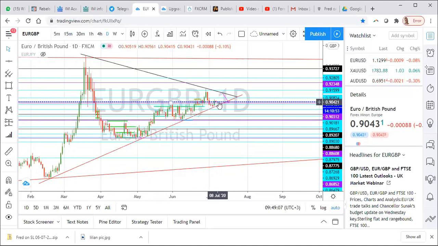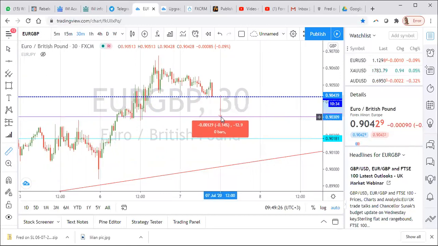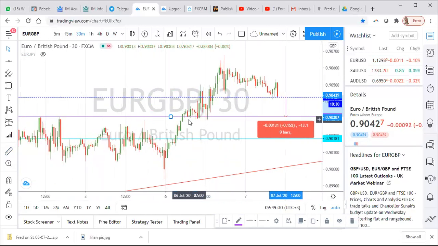So I'm seeing it might pull down. A good entry for this would be another maybe 10 pips. So let me look at the lower time frame. It's actually doing exactly what I'm thinking. So I want it to pull down another 10 pips, okay?